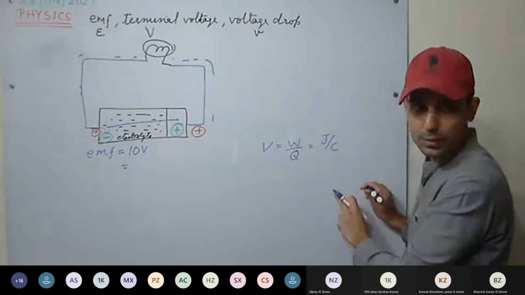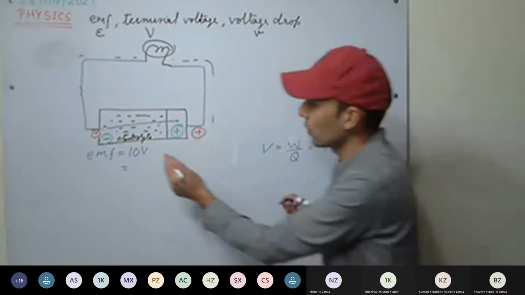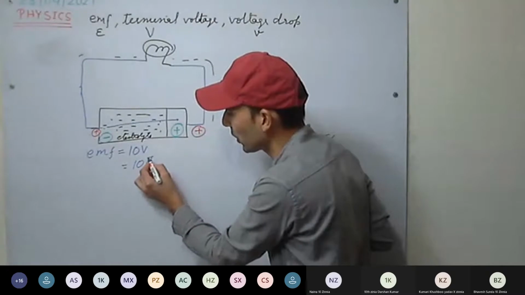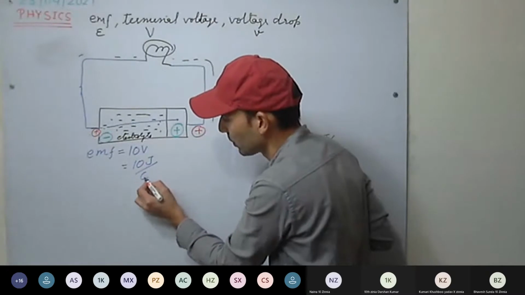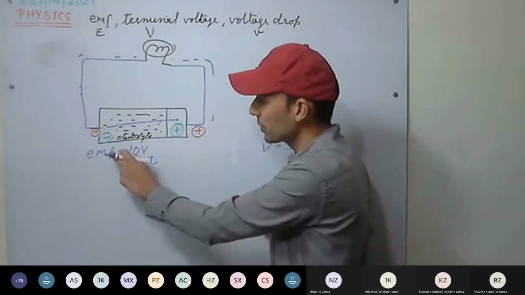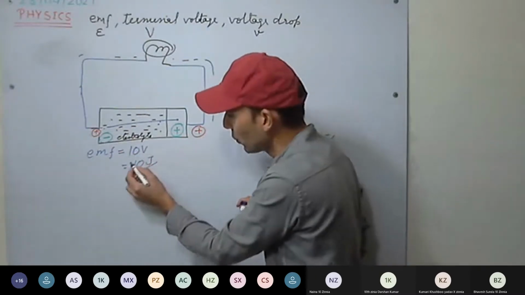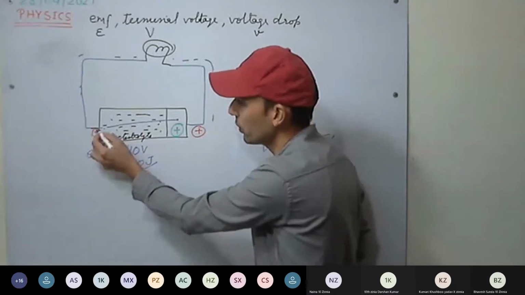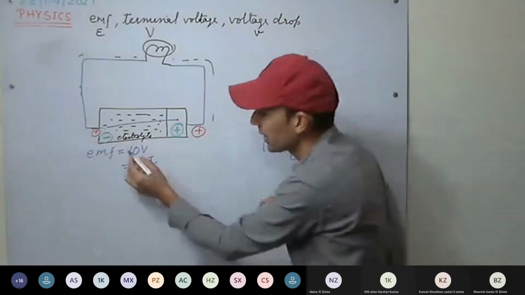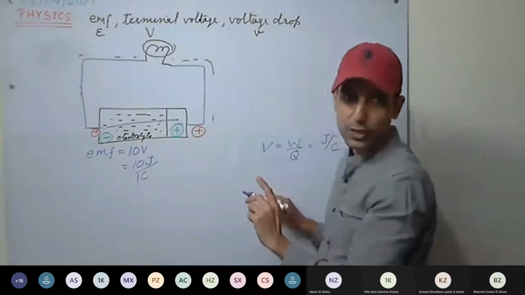Joule per coulomb, joule per unit charge. So this is how much work is done, for 1 coulomb. So this battery's EMF is rated as 10 volt. It will do work of 10 joule on 1 unit positive charge, that is, it will do 10 joule of work on 1 coulomb of charge.